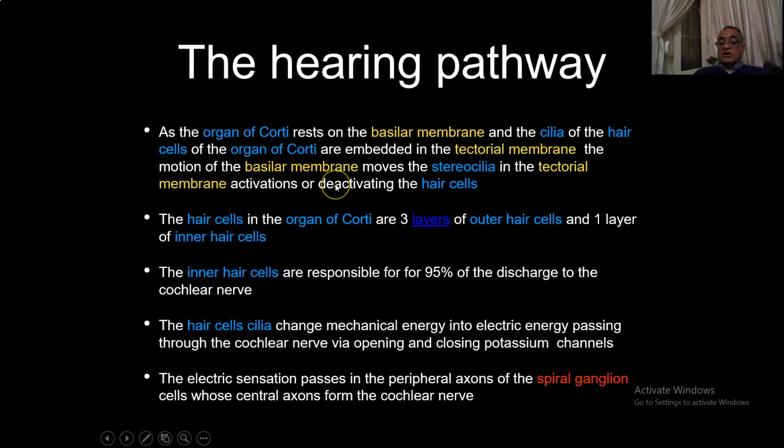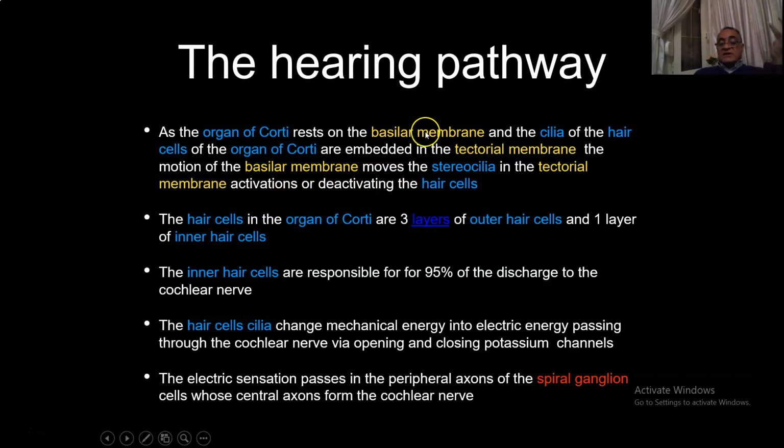As we said before, vibration from the tympanic membrane goes to the ossicles, through the oval window to the perilymph, moving the scala vestibuli and scala tympani, and vibrating the basilar membrane. But the tectorial membrane is fixed, so the stereocilia in the tectorial membrane are activating or deactivating the hair cells.